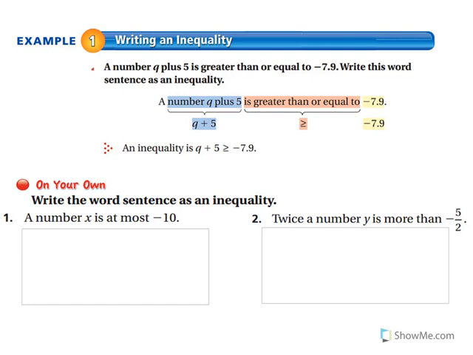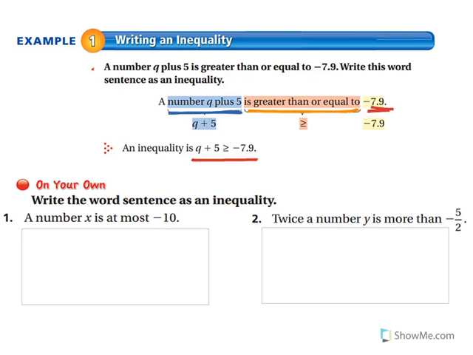We have a number q plus 5 right here. Well, a number q would be just the letter q, and then plus 5 would just be adding 5. Then we get on to our next part, which says is greater than or equal to. As we knew from the page before, that means we're going to use the greater than or equal to sign. And then, of course, we finish it off with negative 7.9. So our inequality would be q plus 5 is greater than or equal to negative 7.9.